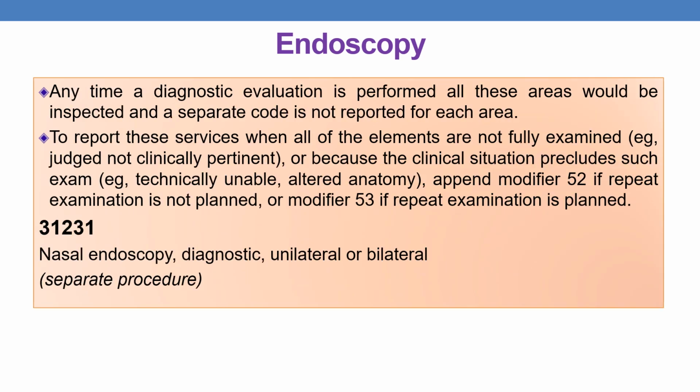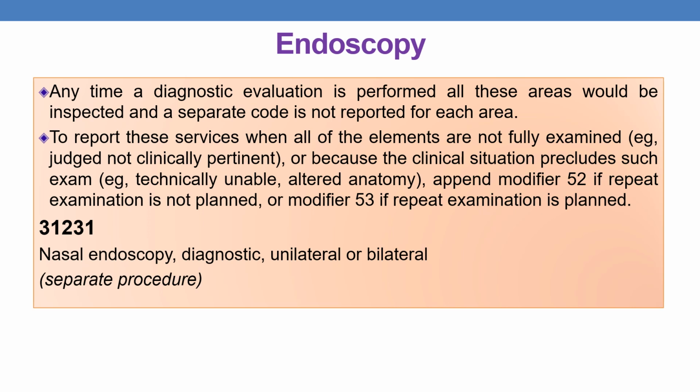Anytime a diagnostic evaluation is performed, all these areas would be inspected and a separate code is not reported for each area. That is also important. And you need not code separately for each area.